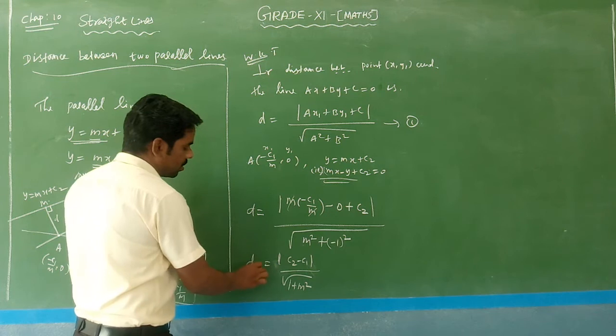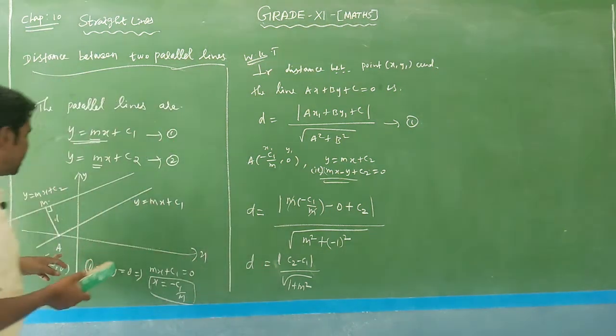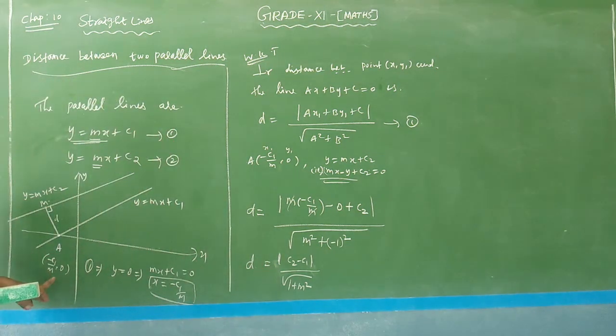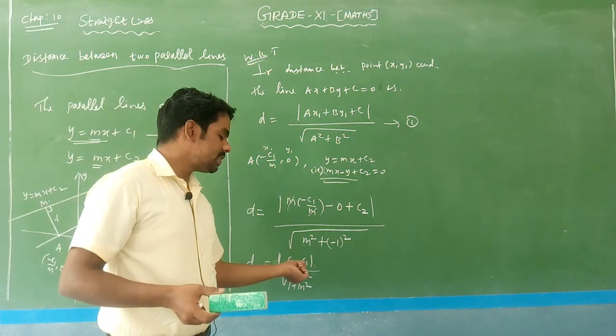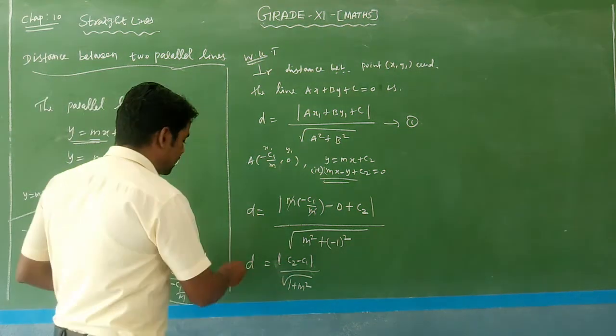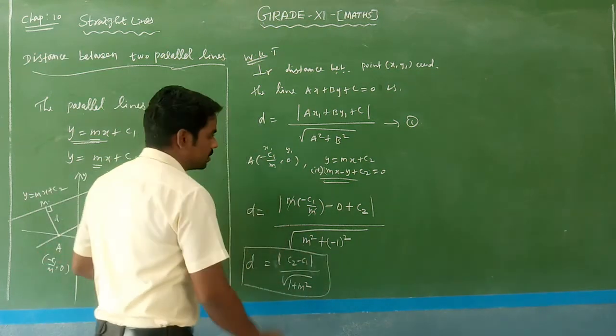So the distance between the point A and the line y equal to mx plus c2 is, since these two lines are parallel, d equal to modulus of c2 minus c1 divided by root of 1 plus m squared.